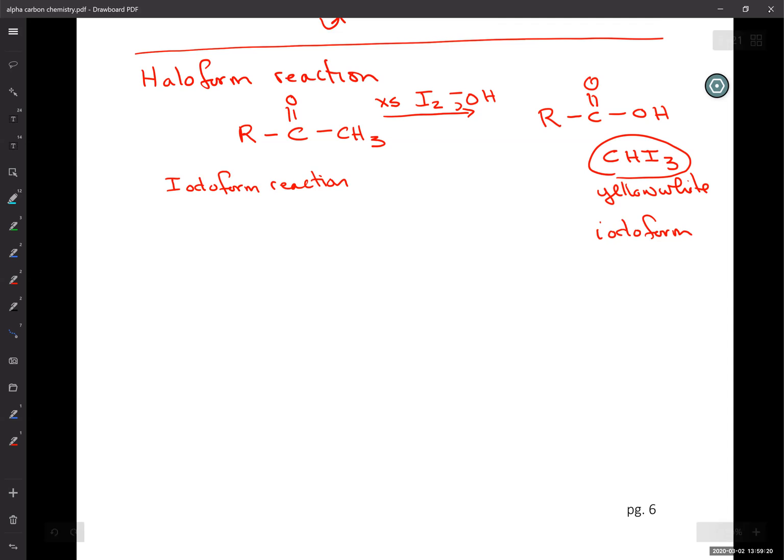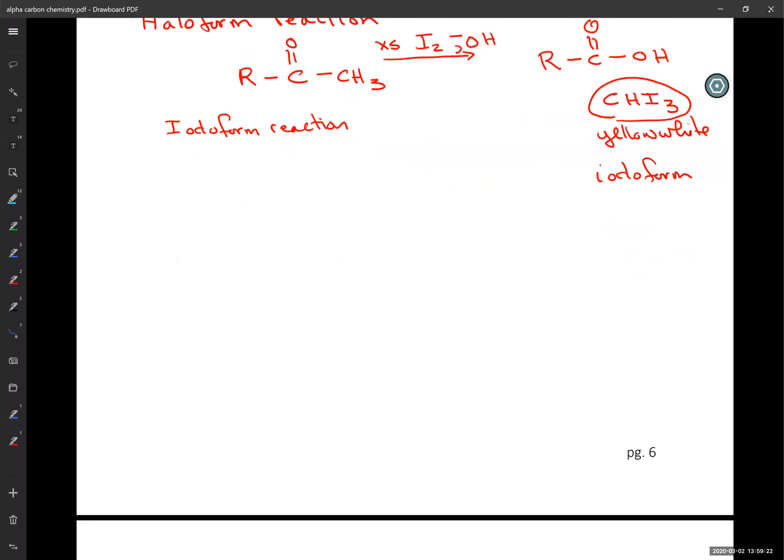Okay, I'm going to abbreviate it a little bit because it's really repetitious. So I'll start with a methyl ketone here, and I'm going to draw one of the hydrogens out. It's done in aqueous sodium hydroxide. So I have an OH minus, and it attacks the hydrogen and forms the enolate.